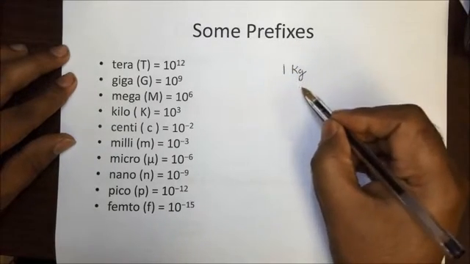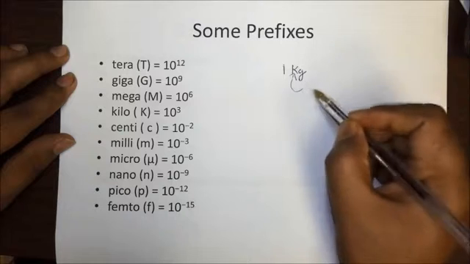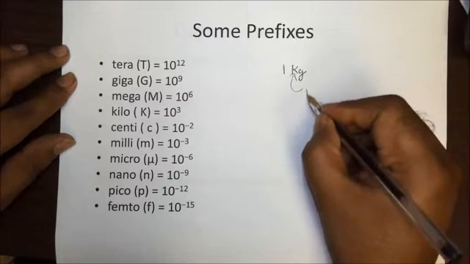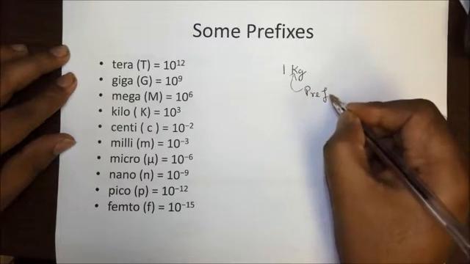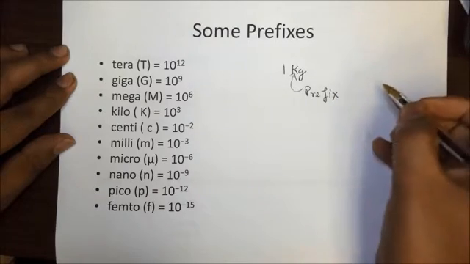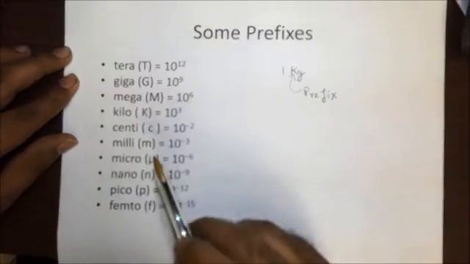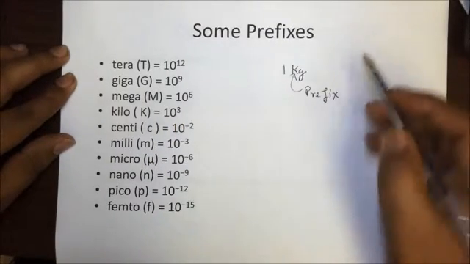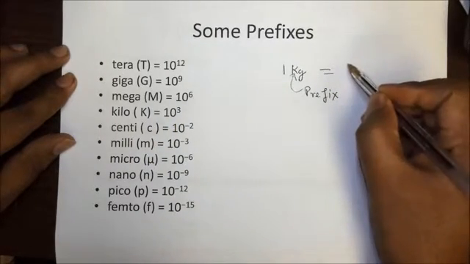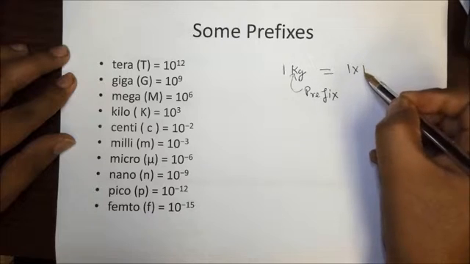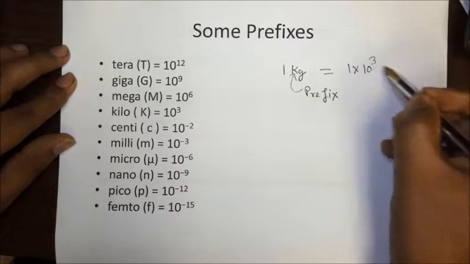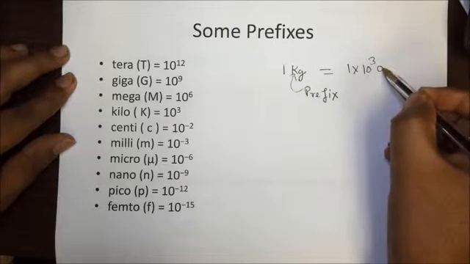In this one, K is the prefix. K means kilo. Kilo means 10 to the power 3. So you can write the same thing, in place of K, 1 times 10 to the power 3 gram.